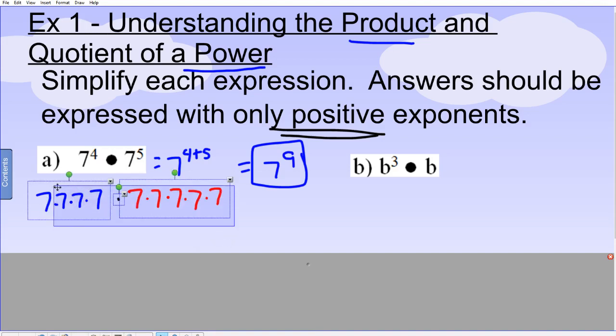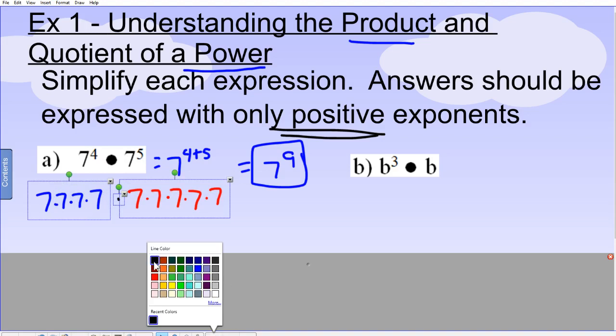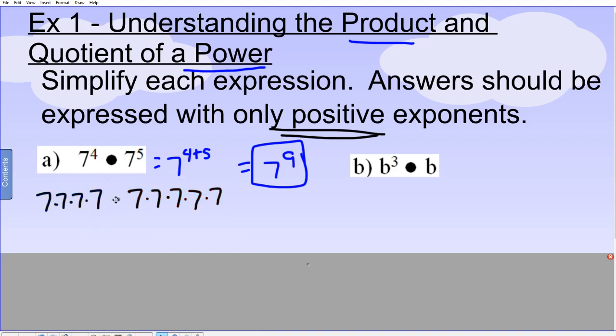But if I change these all to the same color, now it's just a bunch of 7s being multiplied together. And how many 7s are there? Well, there are 9 of them. 4 from here, 5 from here, all together makes 9 7s. So if you have two powers that are being multiplied together, add the exponents.